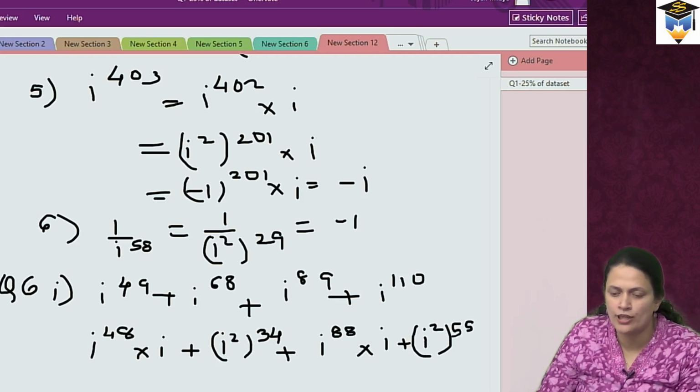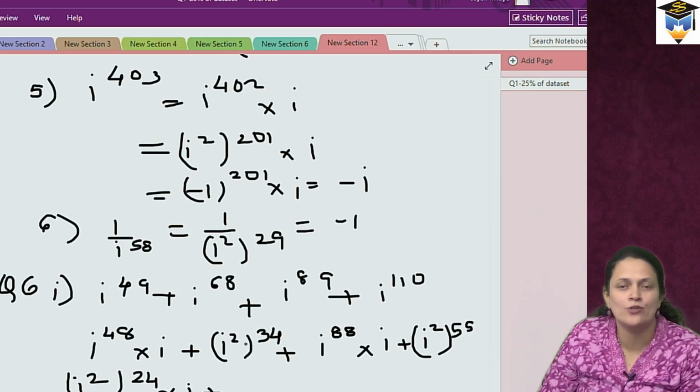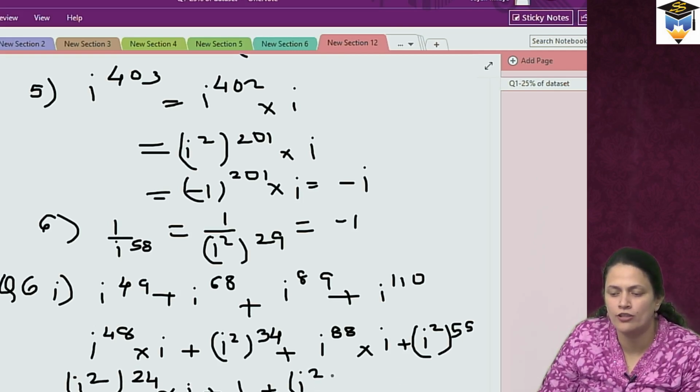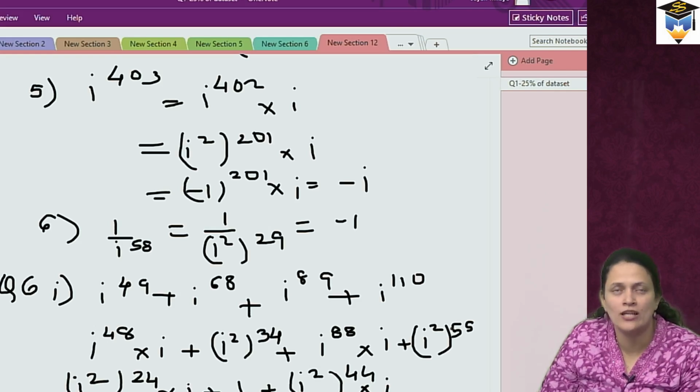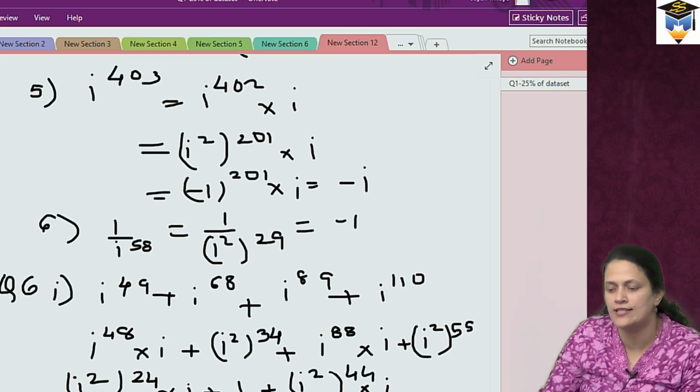So i raised to 48, how am I going to write it? As i square raised to 24 into i, plus this is going to be i square raised to a positive number will give us plus 1. i raised to 88 can be written as i square raised to 44 into i. And minus 1 raised to an odd power is going to give us the answer as minus 1.